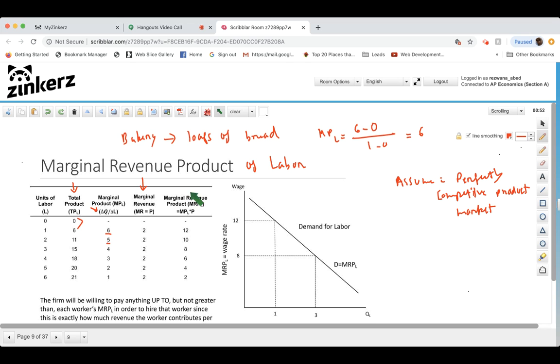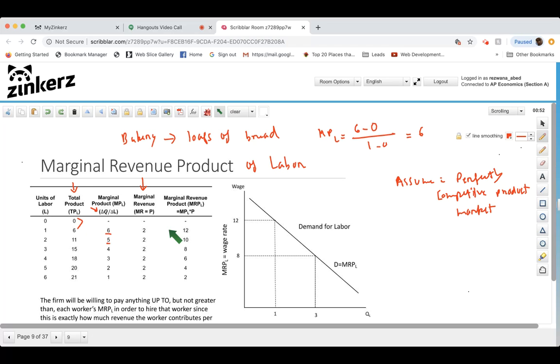Okay, and then I can calculate the marginal revenue product of labor, or MRPL, by doing this. I can multiply the marginal product of labor times the price at every quantity of labor.